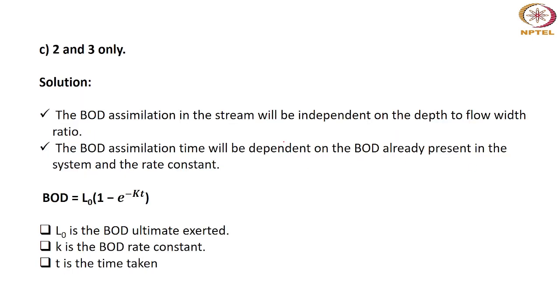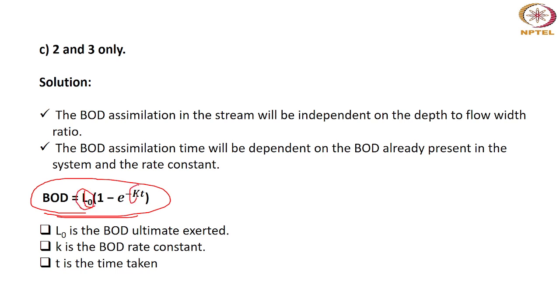So what will matter basically? If you go through this formula, you will get it. This is the BOD formula which we use to find the BOD of 5 days or 3 days or whatever days I want. It is also related to the ultimate BOD, the total organic matter present there.